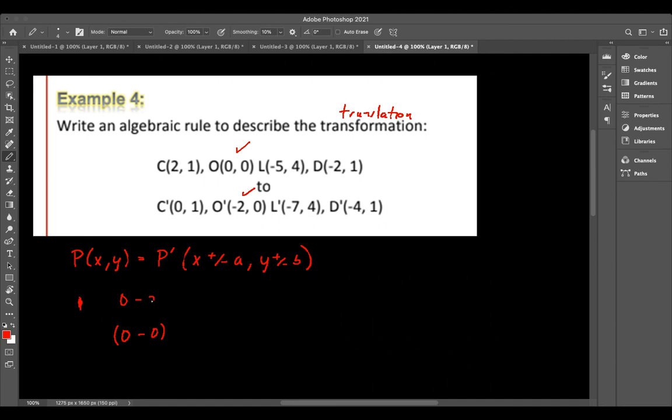So we want to do minus 2. Minus 2 gives us negative 2, and this one would give us 0. So basically, our shifts are 2 to the left and 0, which means there's no vertical shift.